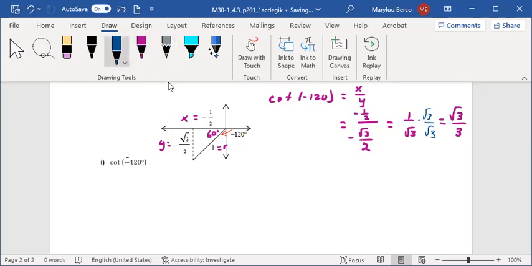Now, just as a double check, we're taking a look at CAST. The cotangent will indeed be positive in that third quadrant.